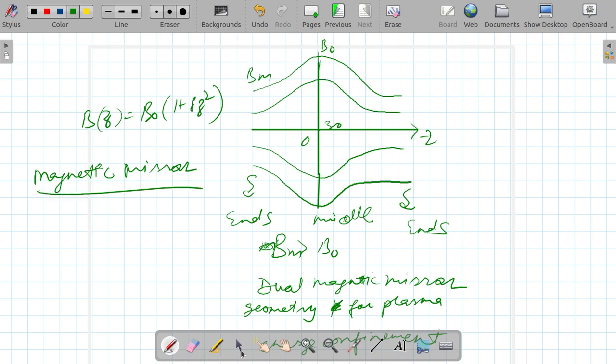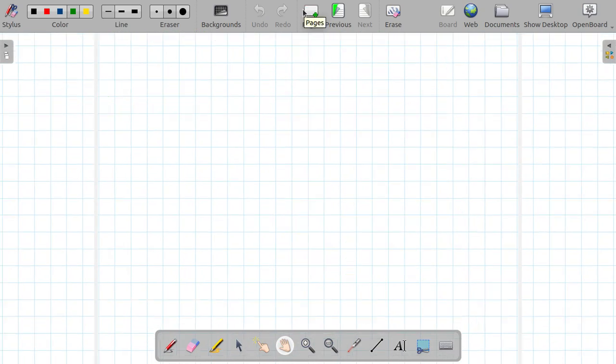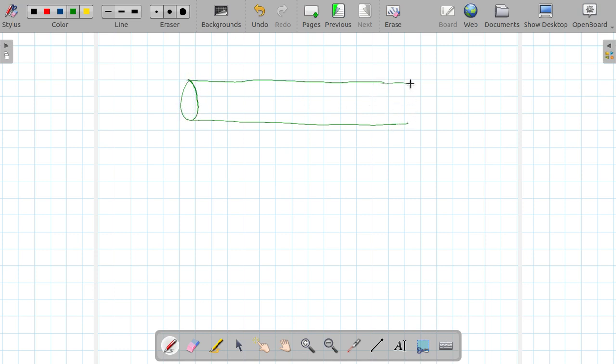So let us try to understand how this magnetic mirror can be experimentally visualized. Suppose we have a tube, over which a solenoid is wound in such a manner that at the ends the number of turns will be larger.